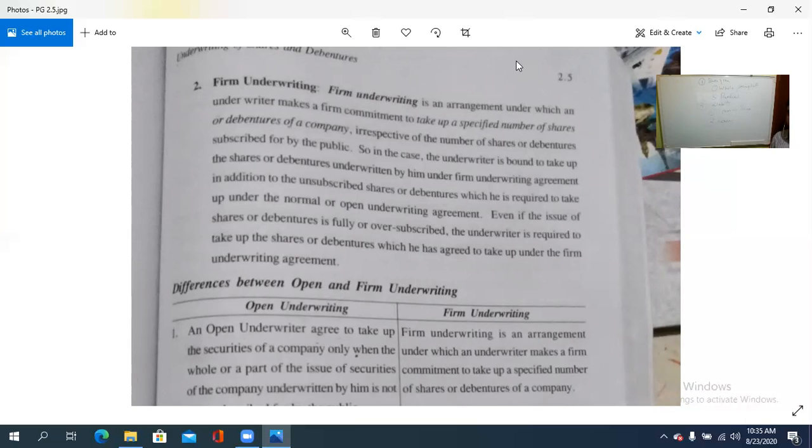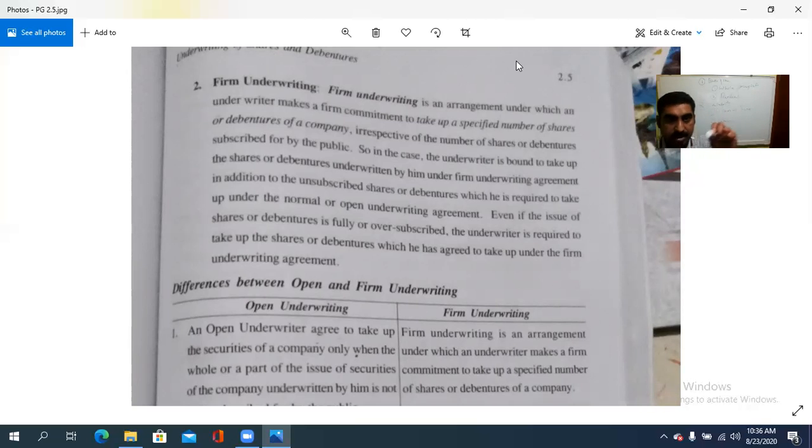So in this case, the underwriter is bound to take up such shares or debentures underwritten by him under the firm agreement, in addition to the unsubscribed shares or debentures which he is required to take up under the normal or open underwriting agreement. In the normal open or pure agreement, whatever cases are not fully subscribed, all of that he takes.